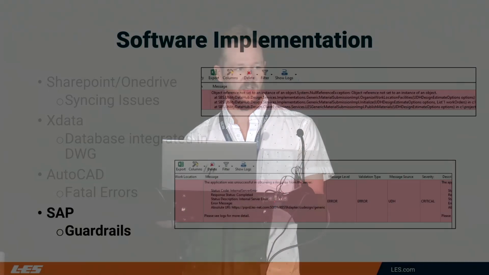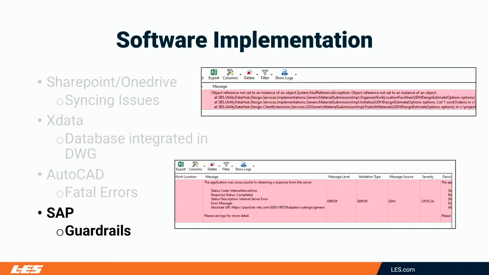And then finally, SAP in general has guardrails involved. So if the setup isn't quite right, or if materials are missing information that SAP needs, there are good error results for if it's missing a material location, material source, labor source, that sort of thing.